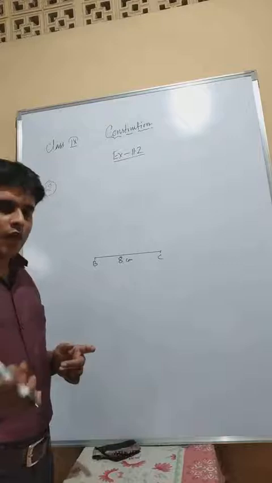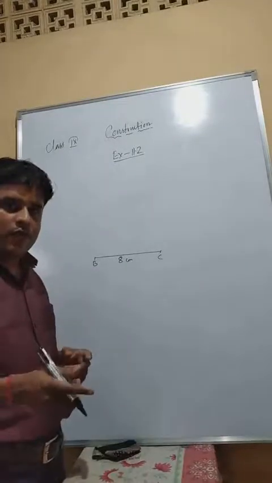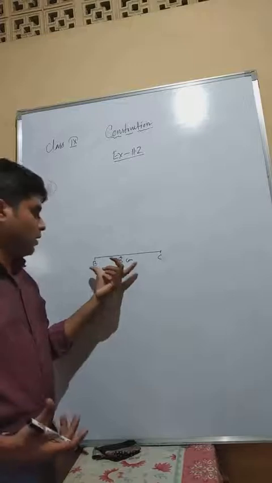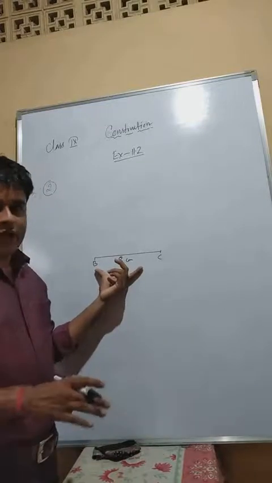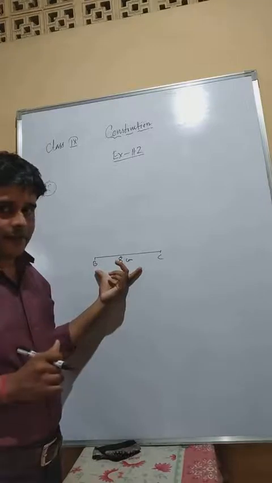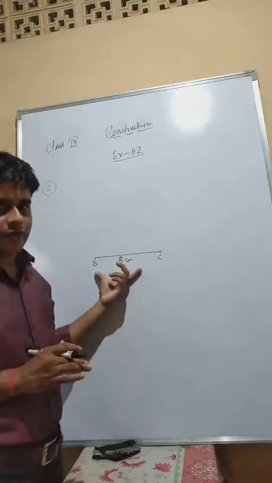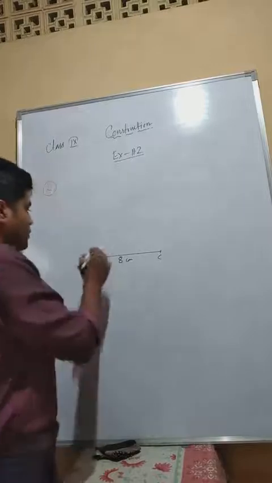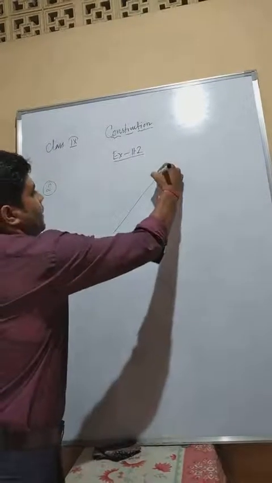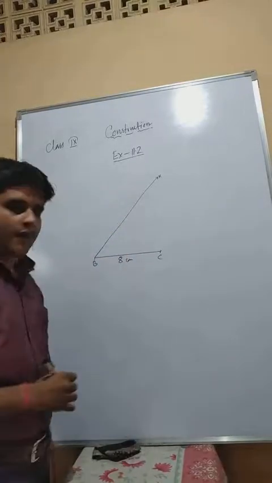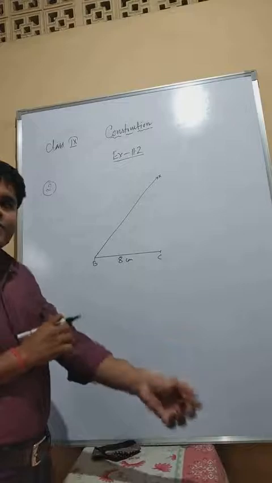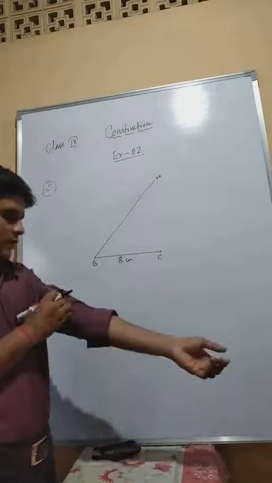Now if you want to use the compass, then you do. Otherwise, it is a construction problem, so you can use your protractor, because our main aim is to draw the triangle, not the angle. So if we use the protractor, then this angle is 45 degree, again BX 45 degree. And after this, you see the difference between the other two sides is given.